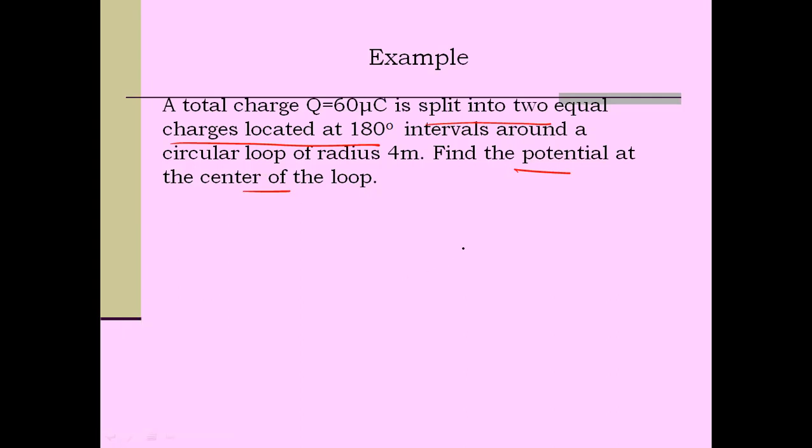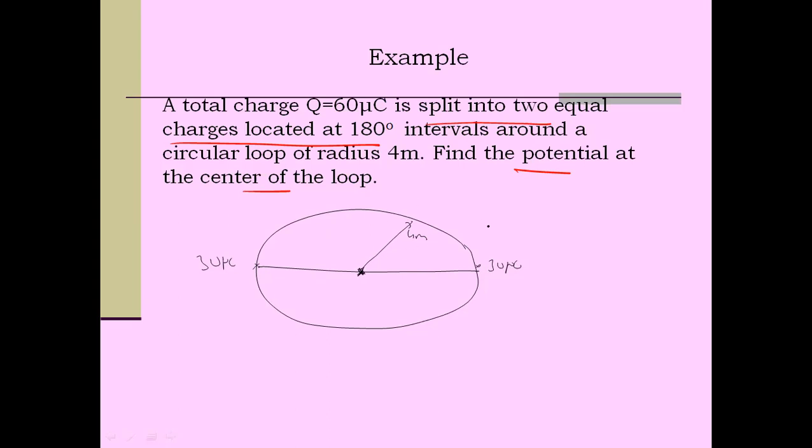If we re-sketch this problem, initially we have 60 microcoulomb, then it is divided into two equal amounts. So we have 30 microcoulomb here and 30 microcoulomb here, and both charges are separated 180 degrees apart. The loop has a radius of 4 meters, and we need to find the potential at the center of the loop, here.